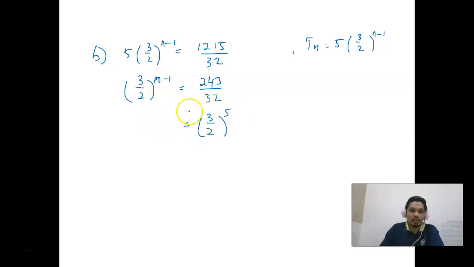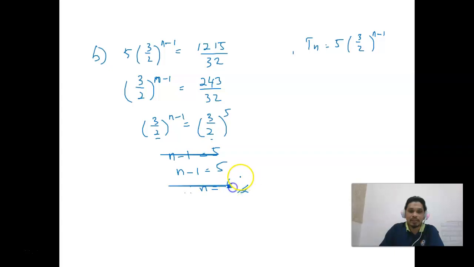And we compare with this one here, (3/2) to the power of n minus 1. And again, the bases are equal here right now. So we're just focusing on the index where n minus 1 equal to 5. So then n equal to 6. Okay, n equal to 6.